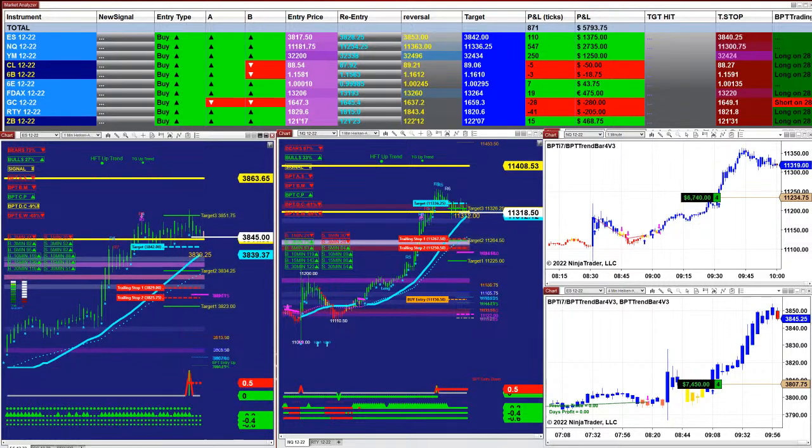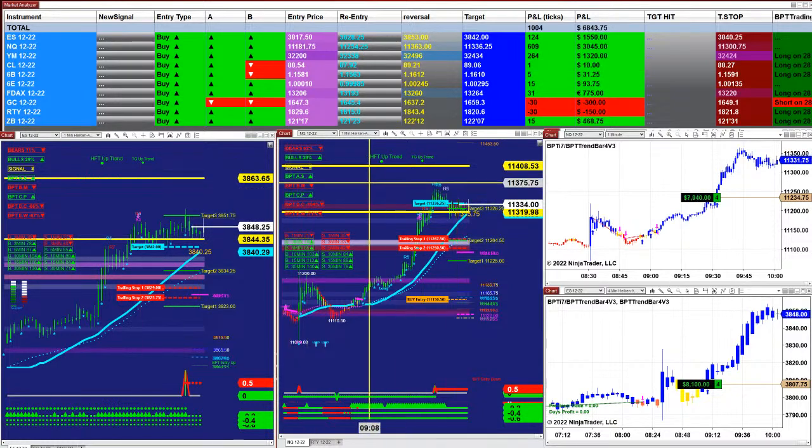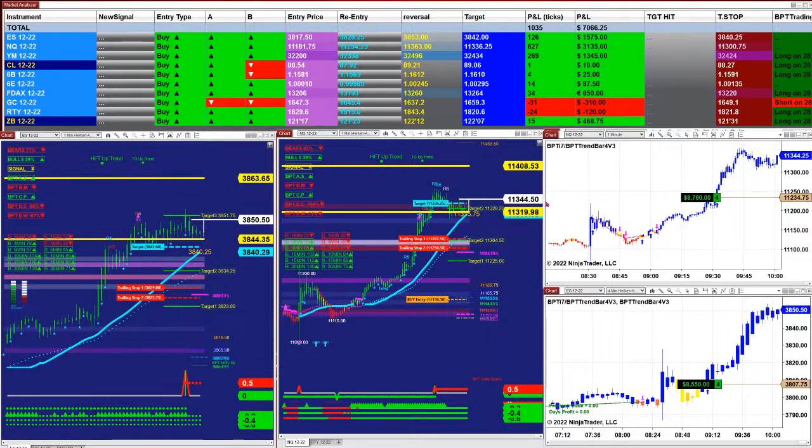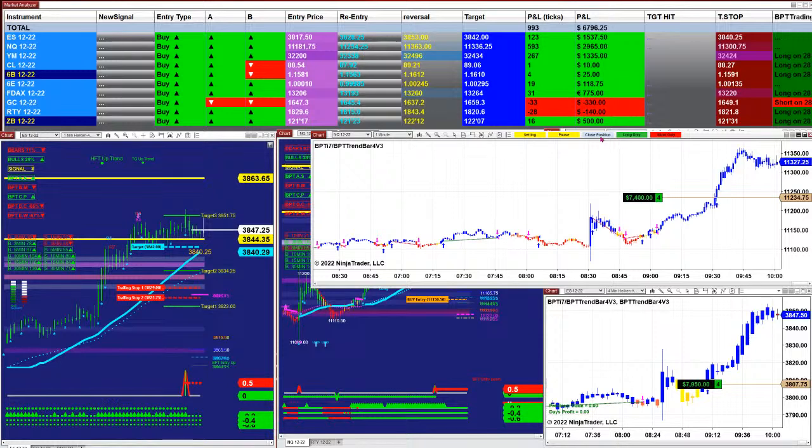Why is it so important? Because when you have $7,000 or $8,000 on one trade, you want to maximize your trade profit. You can take over the auto trade, and there is a button on the top where you can say close position, and you are done for today.